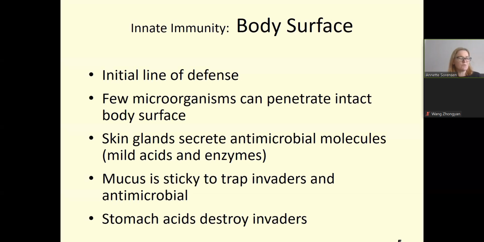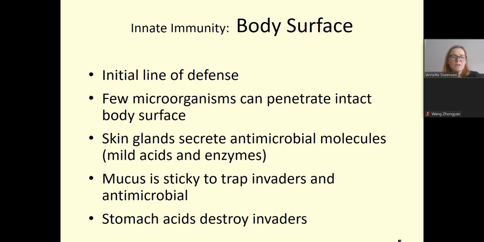So we spoke about the initial defense. The initial defense of the innate immunity is the body surface. Obviously, very few microorganisms can penetrate the skin. Our skin also secretes molecules which are antibacterial.